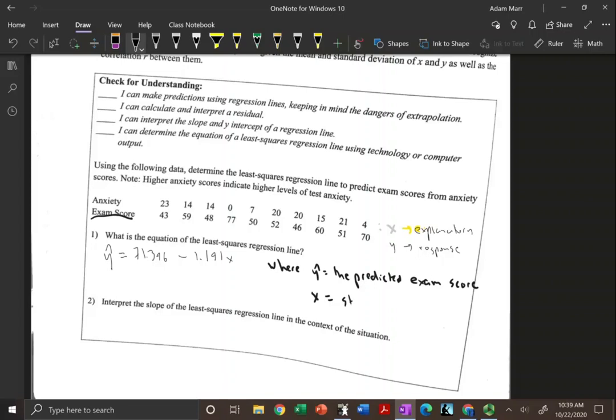I don't know if it's the student's anxiety score, so let's just put anxiety score. If it's not specific in the instructions, then keep it non-specific in your answers too.